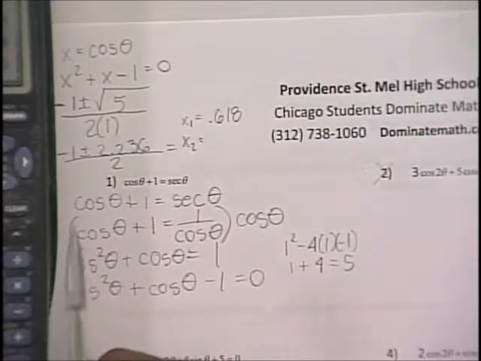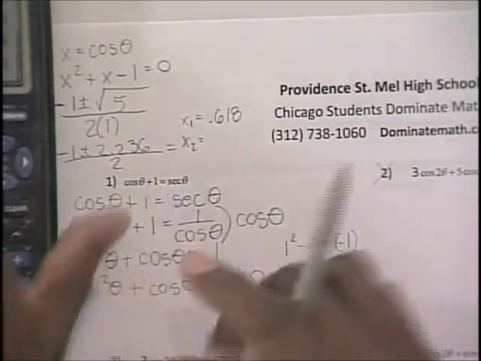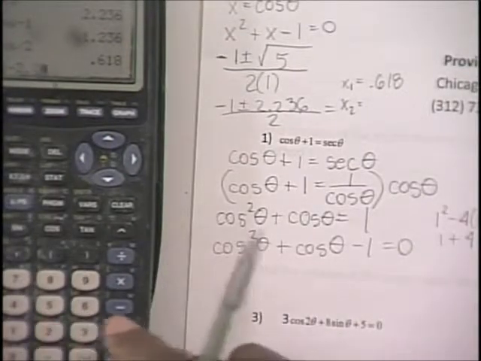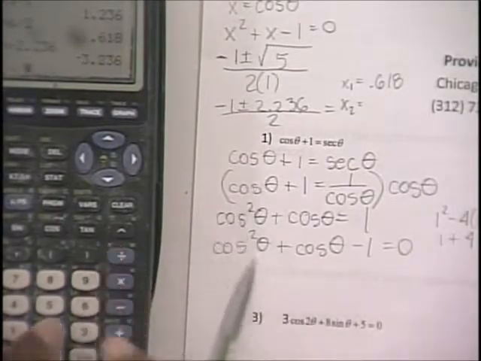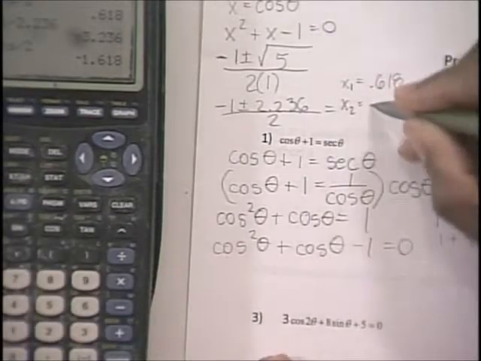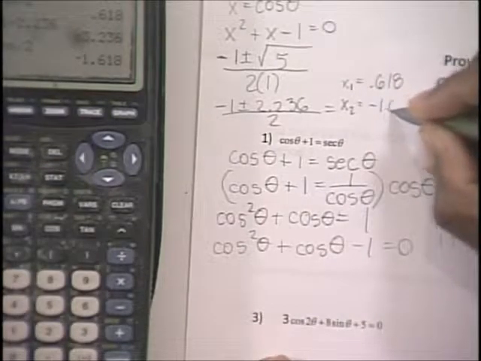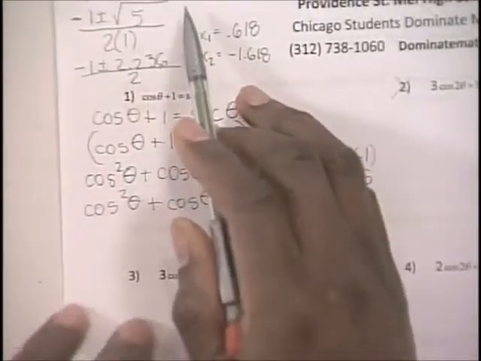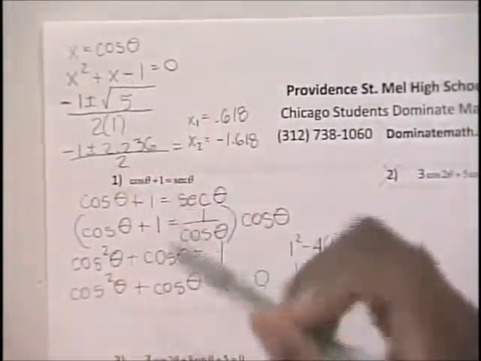The second answer is negative 1 minus 2.236, and then that's divided by 2. So we end up with negative 1.618. Now you have x, and don't forget that we said that x was cosine theta.